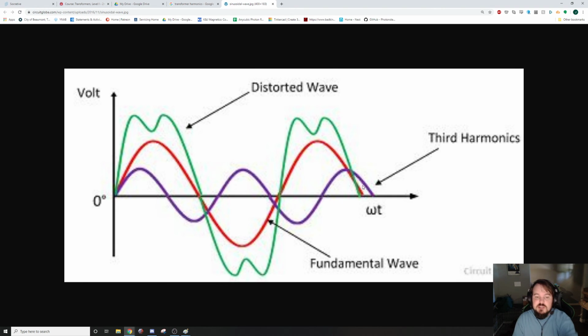That's how it's supposed to look. The purple line is your third harmonic. I've seen this same image, but with a fifth and a seventh harmonic. The third harmonic has 3 times as much frequency. The fifth has 5 times as much frequency, and the seventh has 7 times as much frequency. And whenever they all go together in a system, they create a distorted wave.